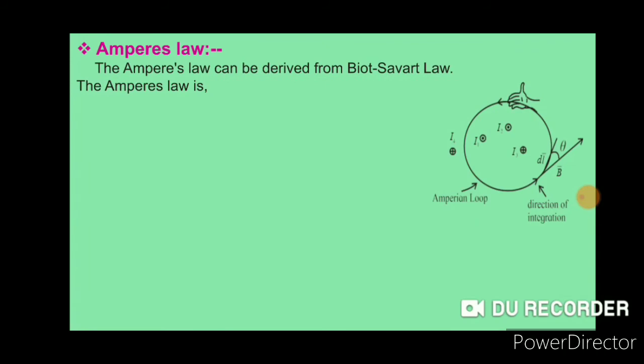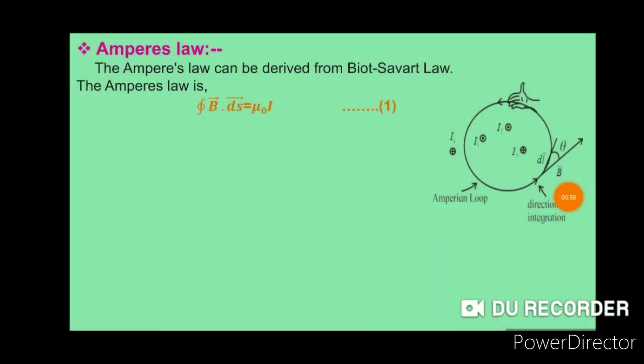Ampere's law is: closed integration of B bar dot dl bar is equal to mu 0 into I. Suppose this equation number 1. That integration sign indicates that the integral is to be evaluated over a closed loop called the Amperian loop. The current I on the right hand side is the net current encircled by the Amperian loop.